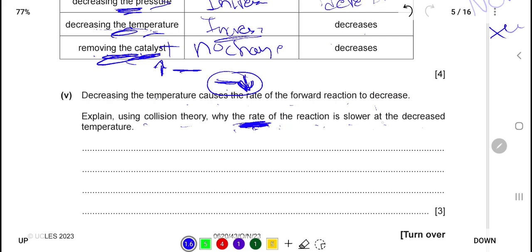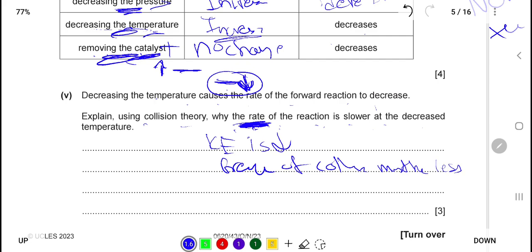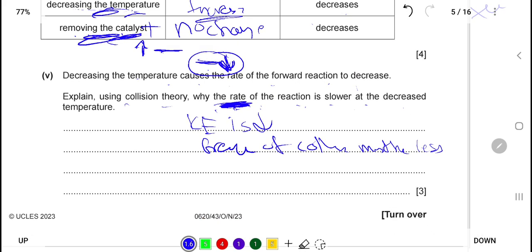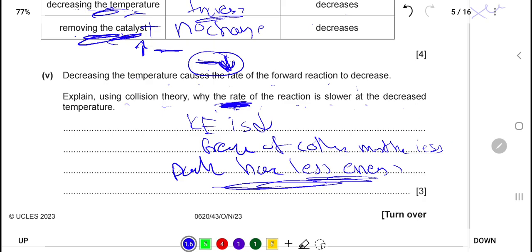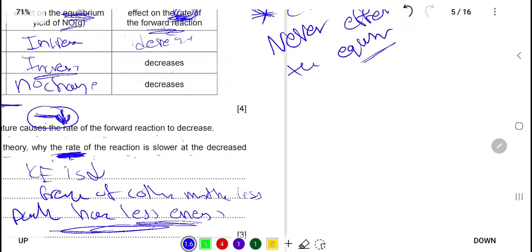It's easy: the kinetic energy of the particles is lower, so the frequency of collisions between particles is lower, and fewer particles have enough energy. You need to mention the energy, because the particles have less energy.